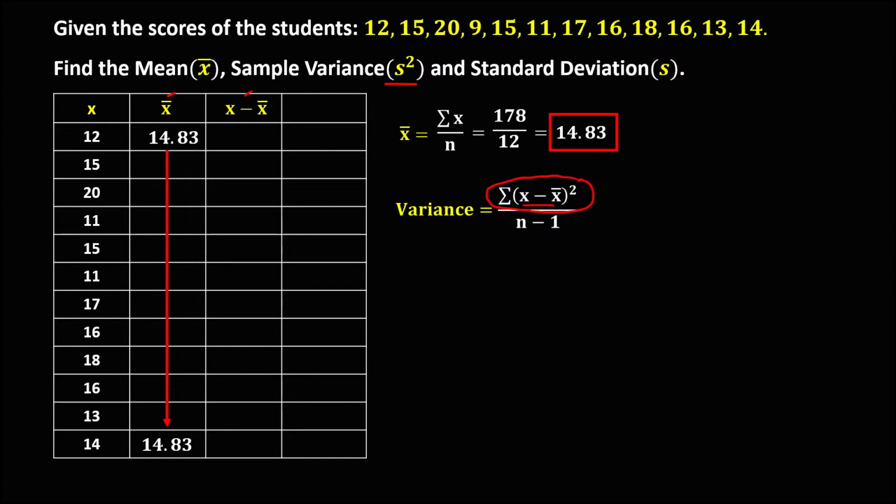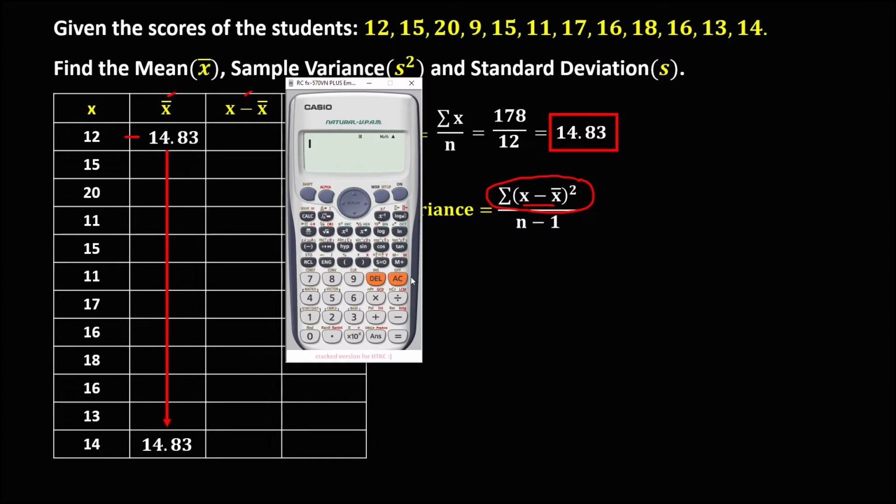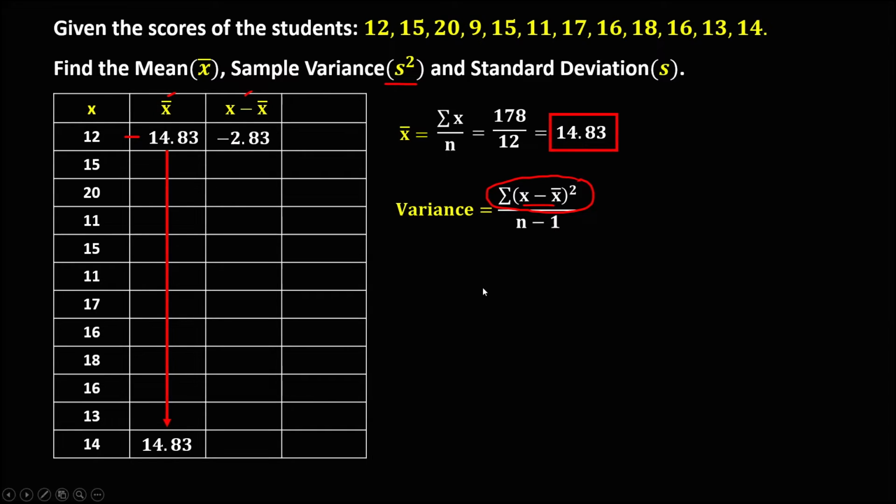To find the value for this column, we just subtract these two columns. So 12 minus 14.83 equals negative 2.83.